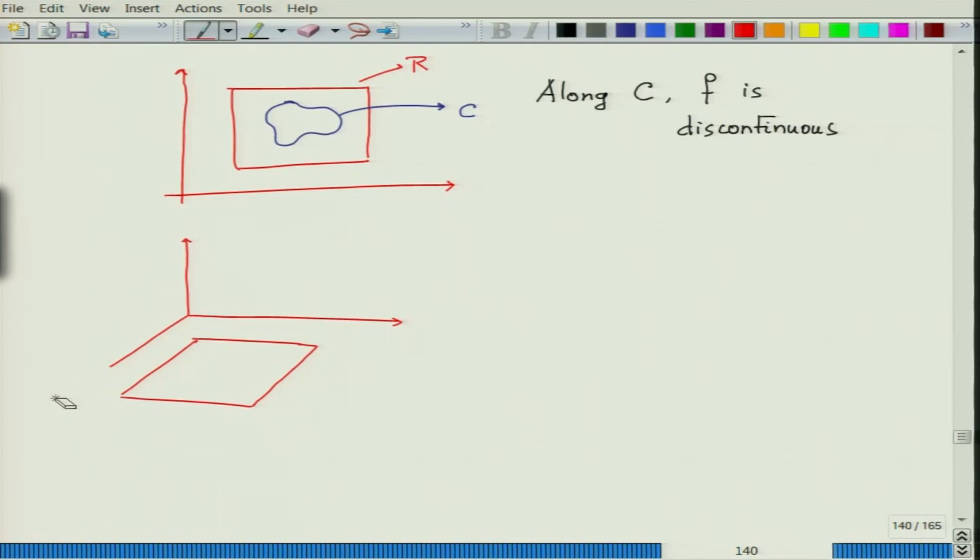I am just writing it. So this is the x axis, this is 0, this is y, z axis. Suppose here is your C along which the graph could be like this.